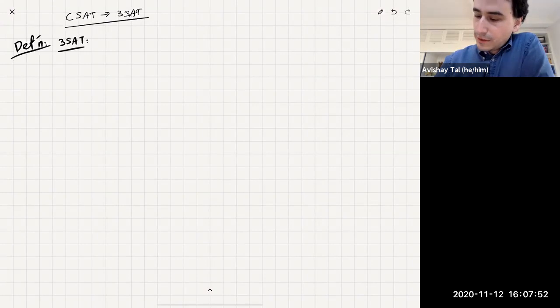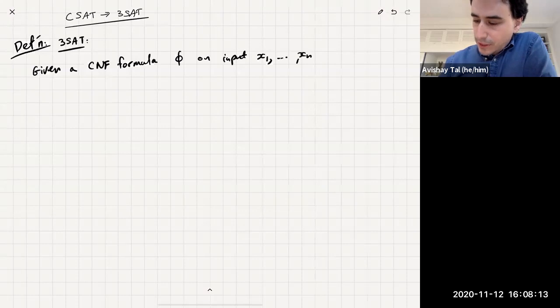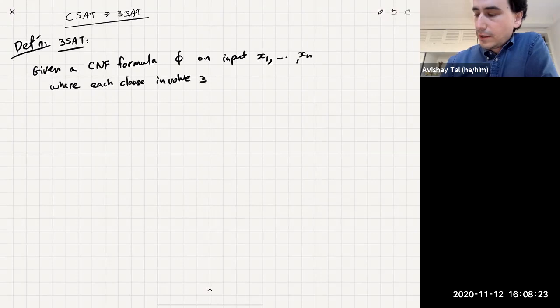So you are given a CNF formula phi on inputs, let's say x1 up to xn. So in particular, where each clause involves 3 literals.